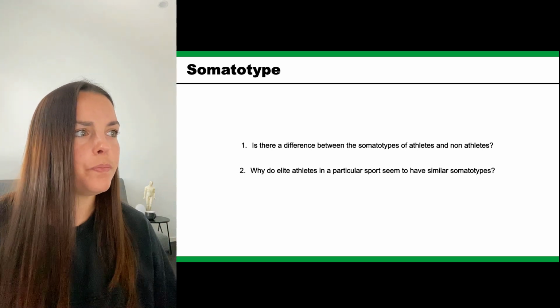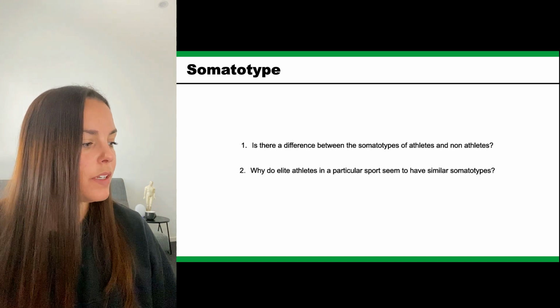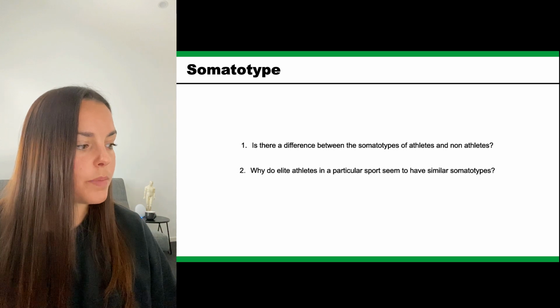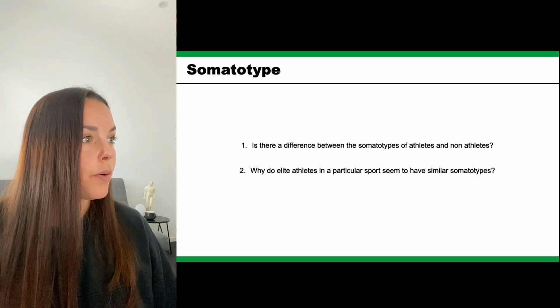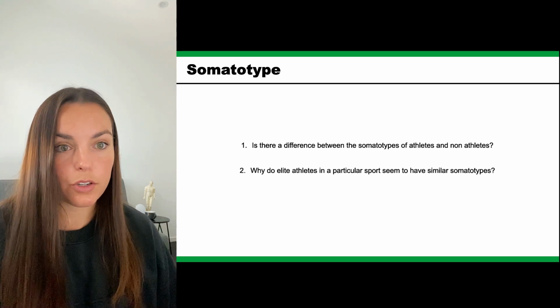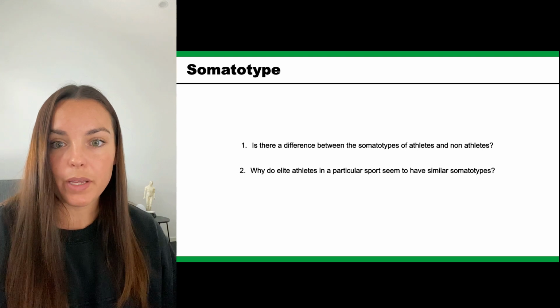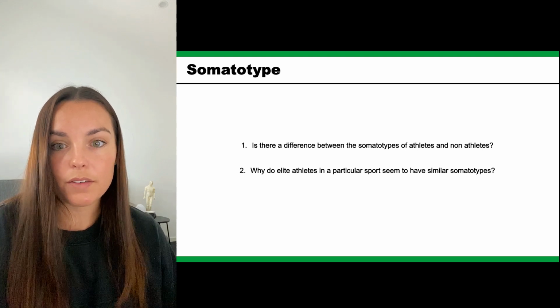In question number 2, why do athletes in particular sports seem to have similar body types or somatotypes? Well, particular characteristics may be more advantageous in a certain sport. For example, like I said before, with gymnastics, being small and muscular is advantageous.